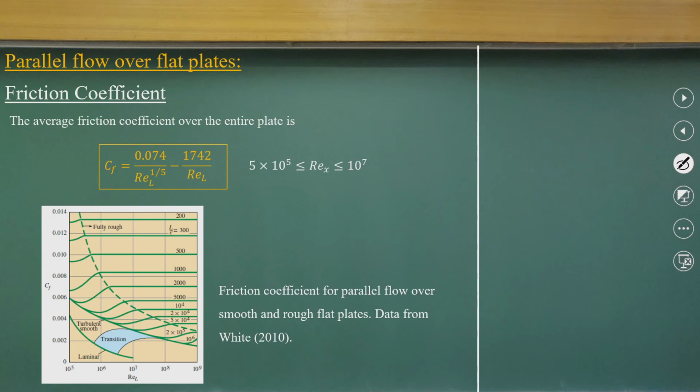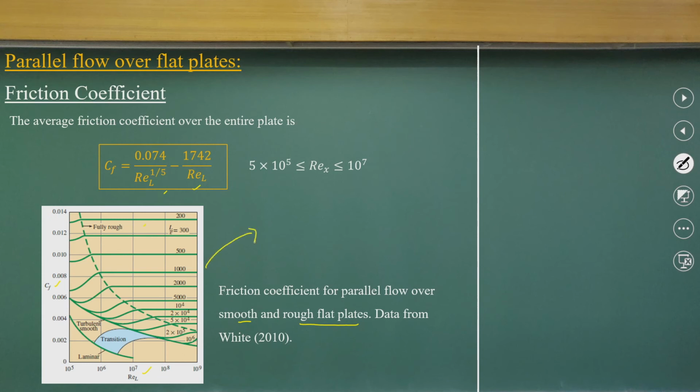So, for more details, if you look at the entire plate, you can have these components as that integration part. And here it is showing smooth and rough plates. That is what you can have: the Reynolds numbers, the Cf values, and here is fully rough and all.